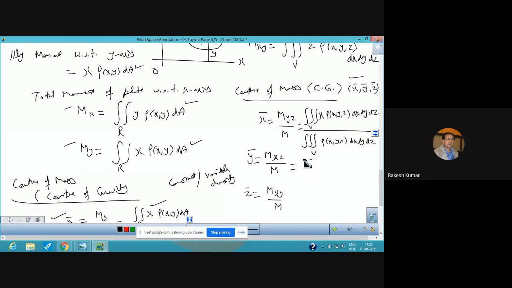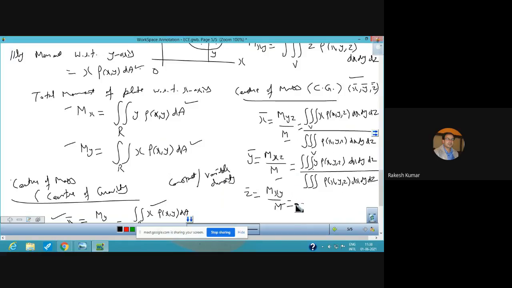Similarly, we will have this formula for y: the triple integral of y rho(x, y, z) dx dy dz divided by the triple integral of rho(x, y, z) dx dy dz. That will be the formula for the y coordinate. Just see in the formulas, the denominators are the same.